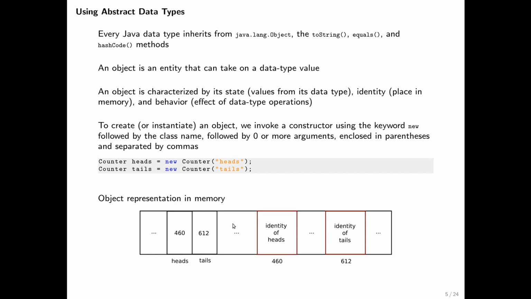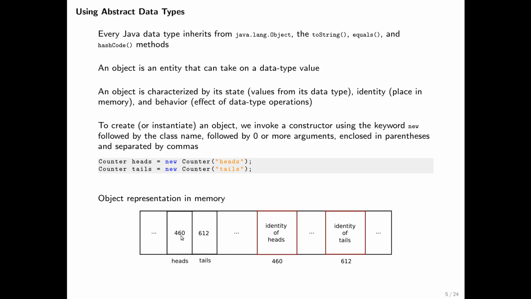Now, if you go to those locations in memory, for example if you go to 460, what are you going to find there? Well, that's where you will find the identity of the heads object. Remember what we said before. An object is characterized by three things: its state, its identity, meaning its location in memory, and the behavior given by the data type operations.